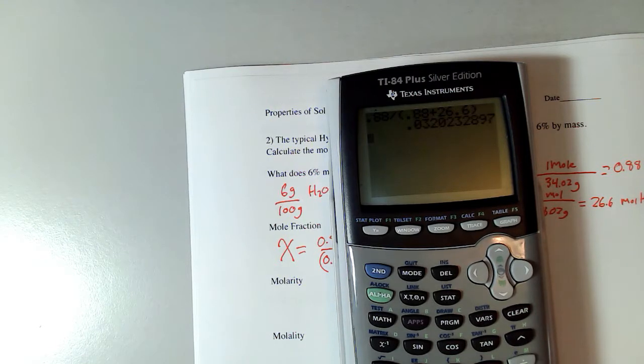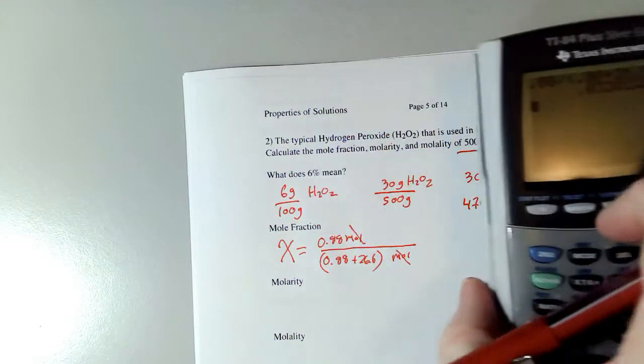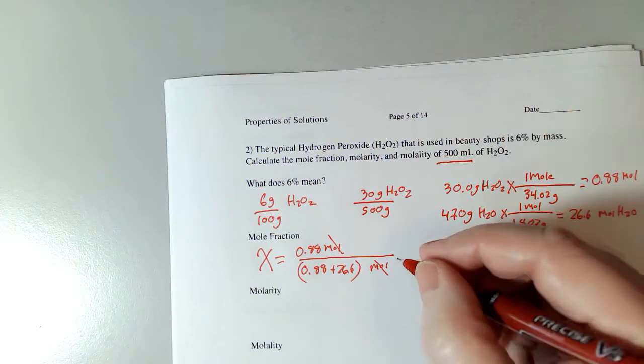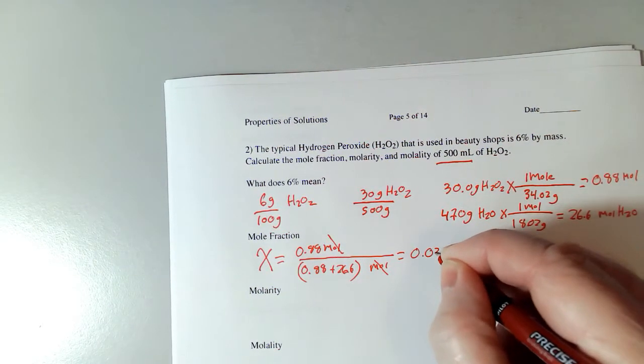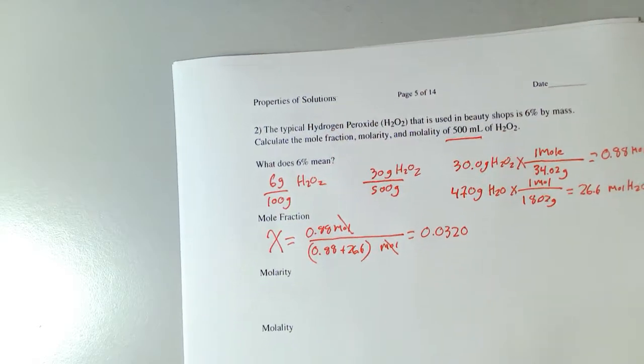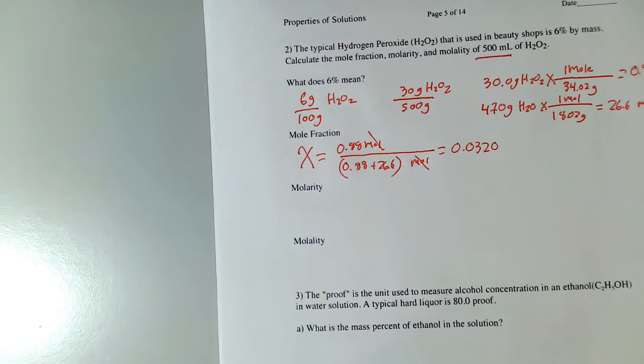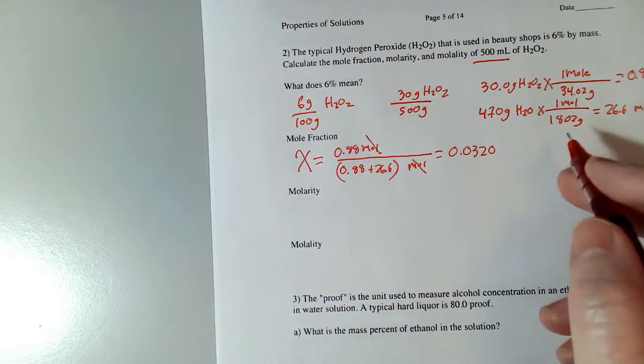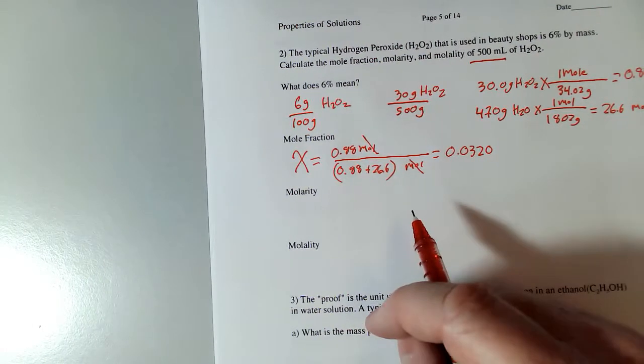Close that off, and I get 0.0320. 0.0320 is my mole fraction. Okay, we could have little rounding differences. I used 18.02. Some people might only use 18.